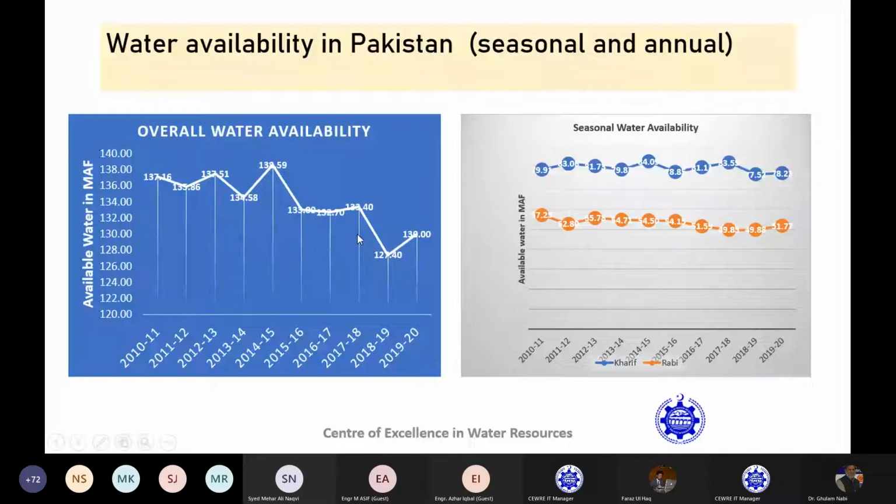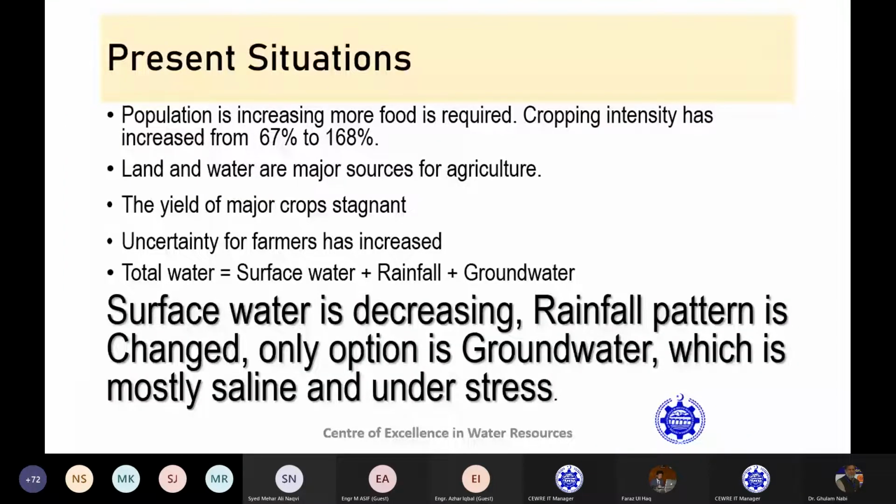Similarly, for water availability in different seasons, we have two major sowing seasons: one is the Kharif and the second is the Rabi. So the water is decreasing. What is the situation? If we look at the overall situation of Pakistan, the population is increasing, cropping intensity has increased from 67 to 168 percent, and yields of the major crops are stagnant. The uncertainty of the farmer has increased.